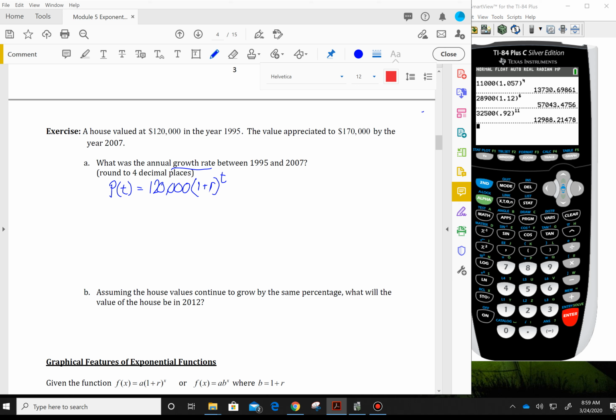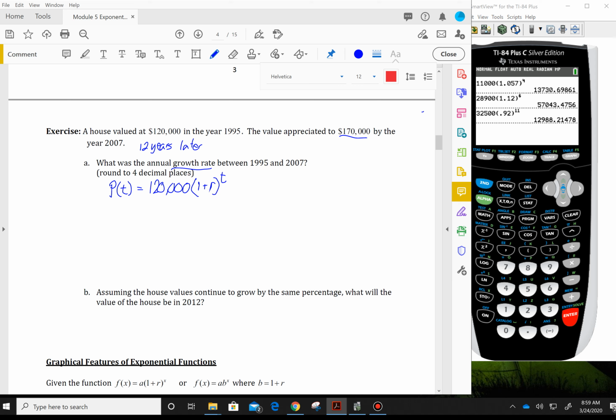And I'm going to use the fact that we know in 2007, which is 12 years later, the value of the house has increased to 170,000.